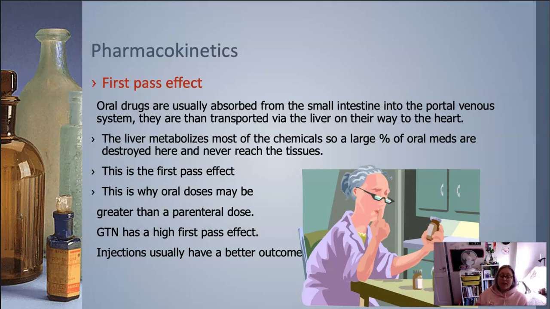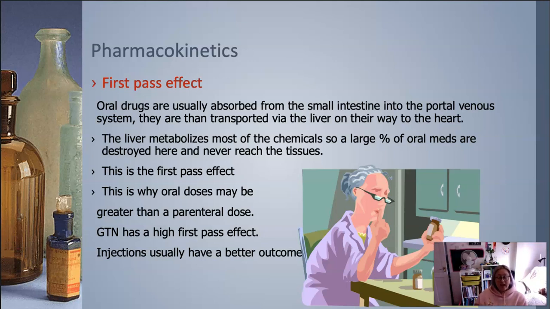This is why they tend to have changed GTN to be taken as a spray, as we said, under the tongue or in the mouth, because it doesn't have the same impact of the first pass effect. So a patient can take a much smaller dose to get the same systemic reaction, which is obviously a lot better for the patient. There's going to be a lot fewer risks associated with taking a lower dose.